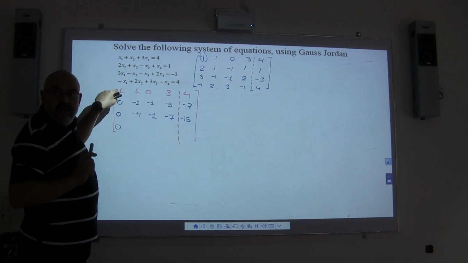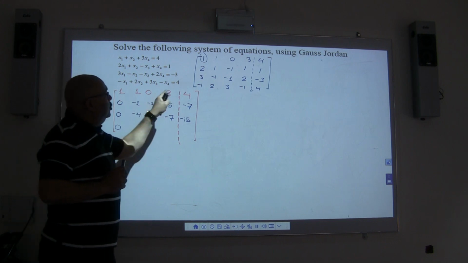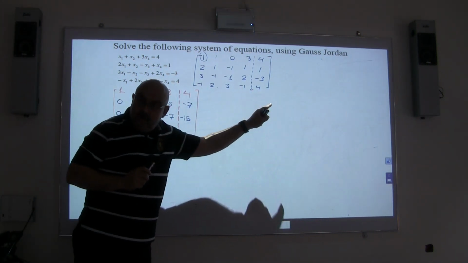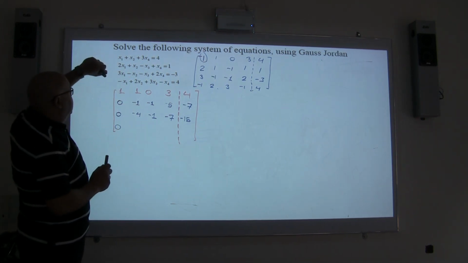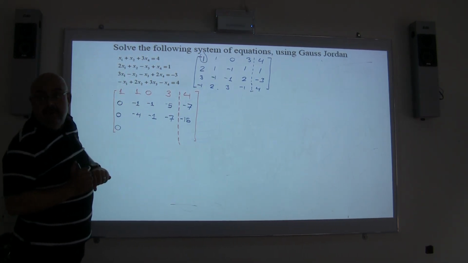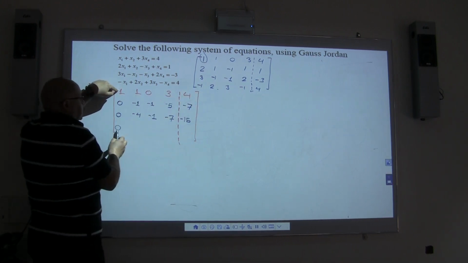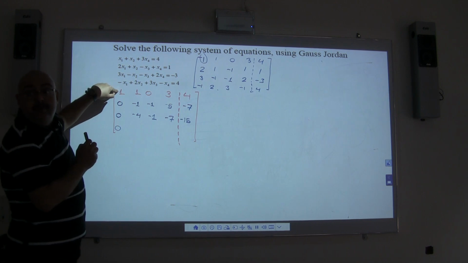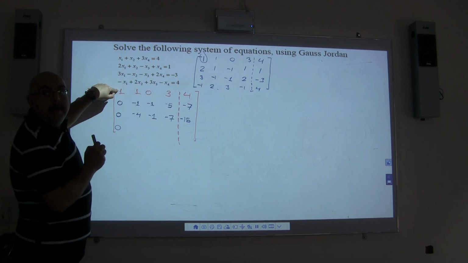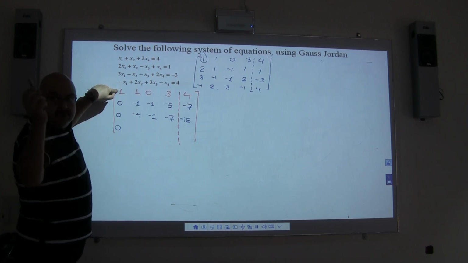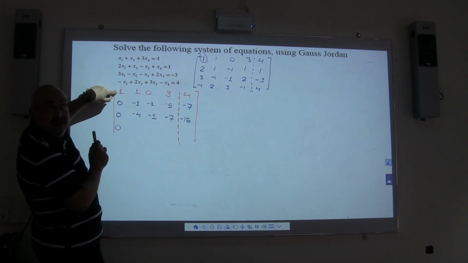I start multiplying the whole row, and the results I will add to the whole results of the 4th row. -1 plus -1, the result will be -2. It's not a 0, so I will have to multiply by +1. +1 plus -1, the result will be 0.